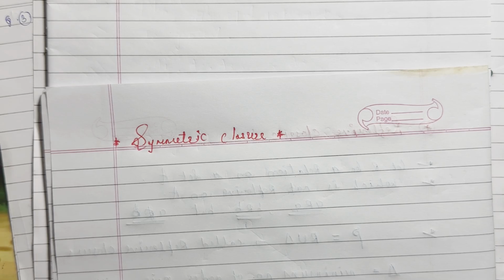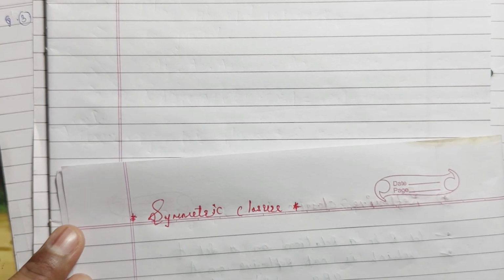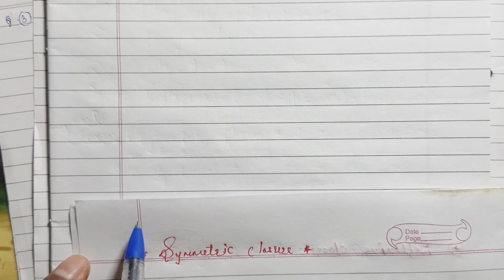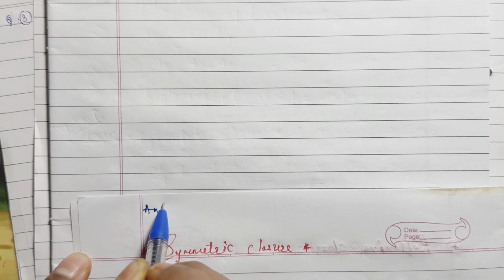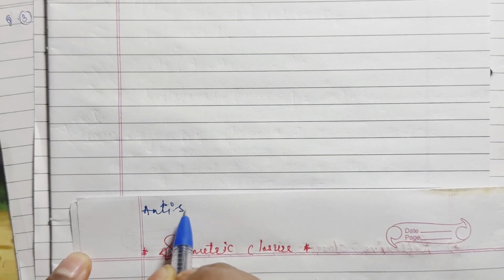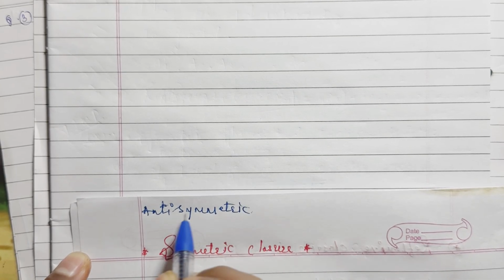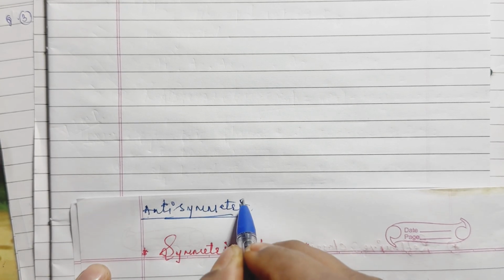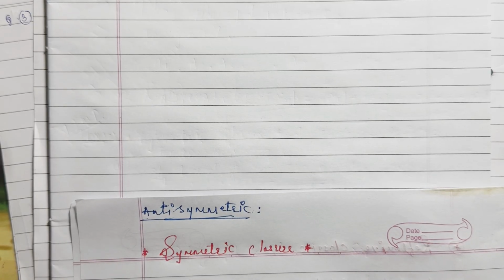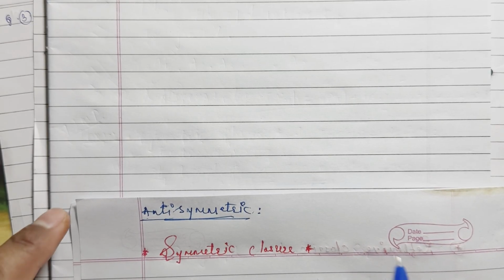And plus anti-symmetric. Most students don't know the meaning of anti-symmetric, so let me explain here. The symmetric property says that we need at least two elements to show symmetricity.